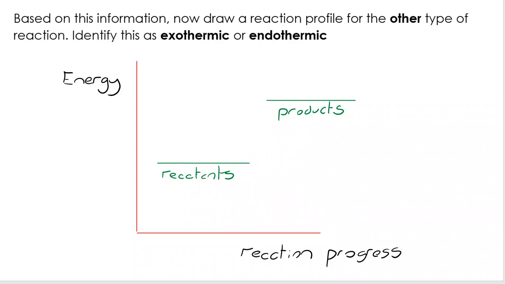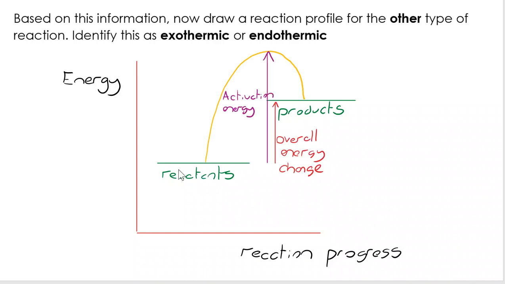There's still going to be an activation energy. So I'm going to have activation energy going from reactants up to the top of my hump, and the overall energy change is the difference from reactants going to product. Now, this will be a positive value this time, so the energy change is positive. In the exothermic reaction, it was negative, and we'll talk a little bit more about that in this and the next video.